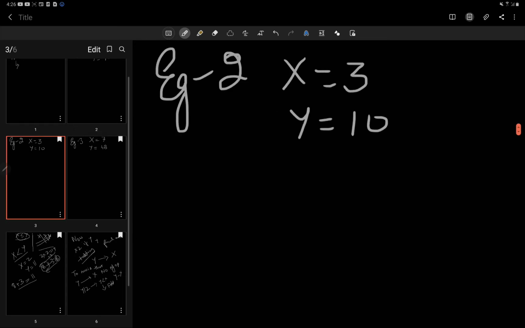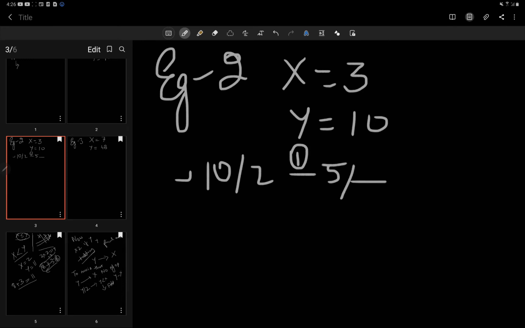Here we have an example: x is 3 and y is 10. Initially we divide y by 2, so 10 by 2 is 5, and this is our first operation. After that, dividing 5 by 2 would result in 2 point something.